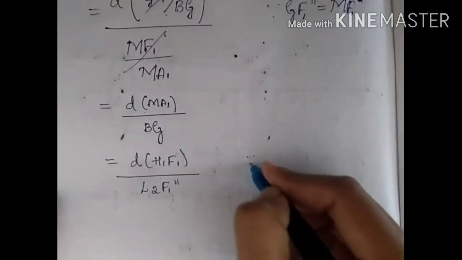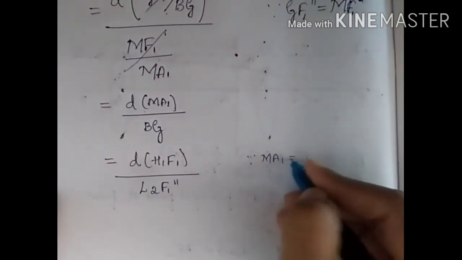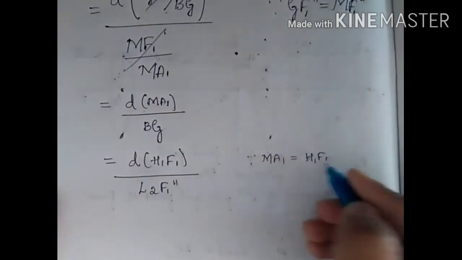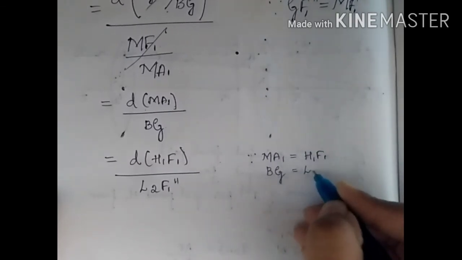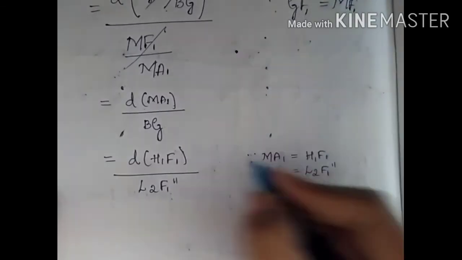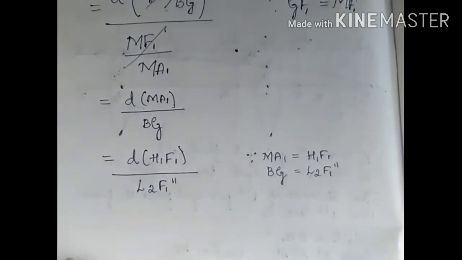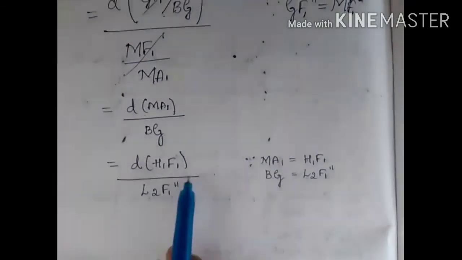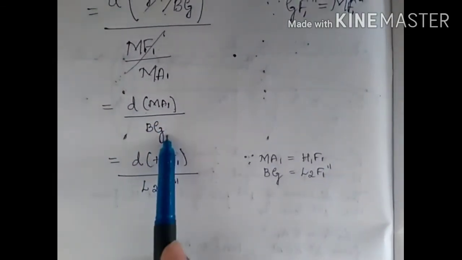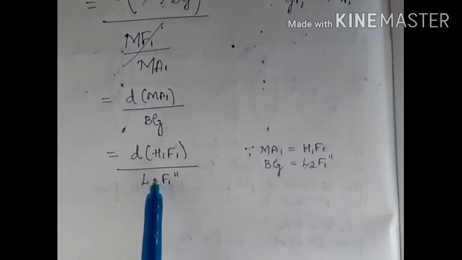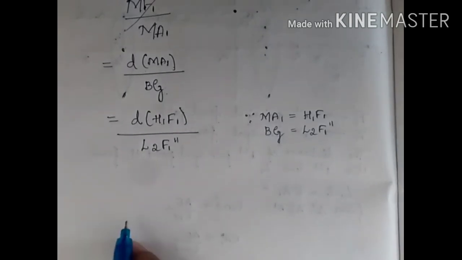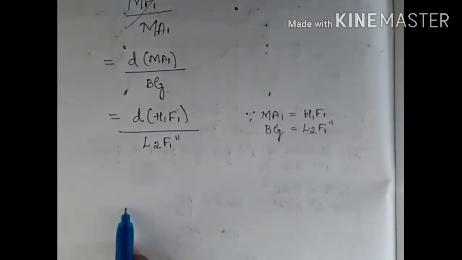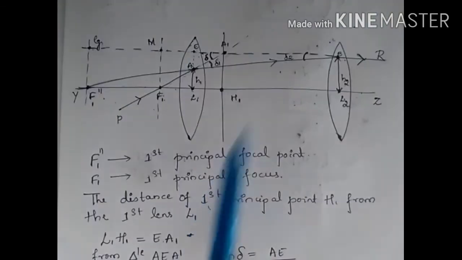Why? Because we know that MA1 is equal to H1F1 and BG is equal to L2F1 double prime. So this is the condition. From this condition we have written MA1 by BG as H1F1 divided by L2F1 double prime. So now we know what is H1F1 and what is L2F1 double prime.